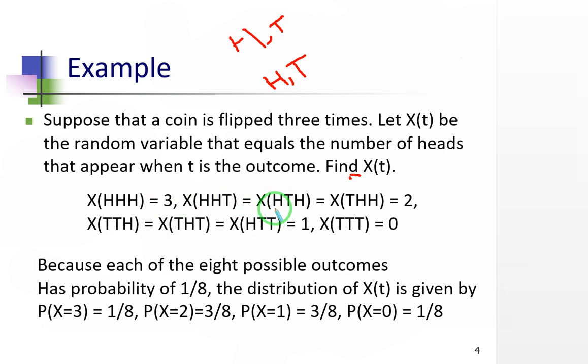It can be head, tail, head. It can be that we have a head first, then we flip the coin again, it can be head, then we flip a coin, it can be tail. So HHT, HTH and THH.